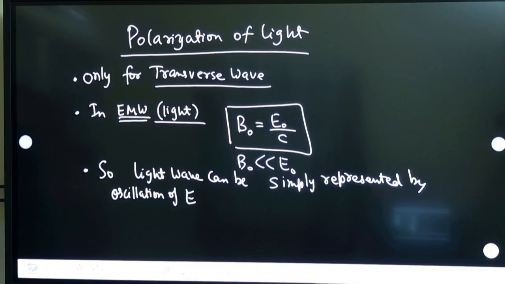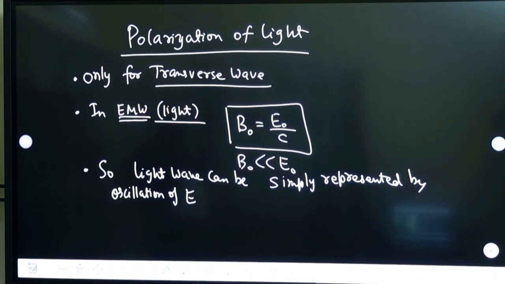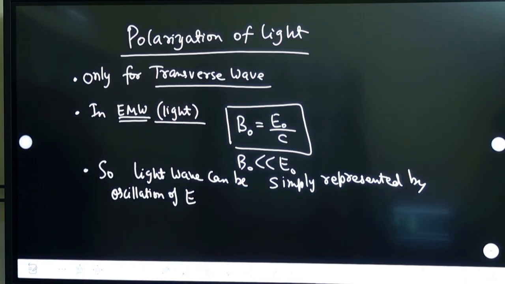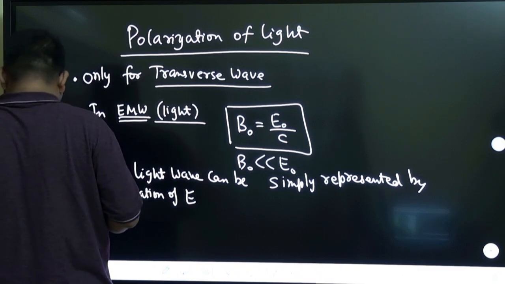Although it is made up of both electric field and magnetic field, because light is an electromagnetic wave which is made up of both electric and magnetic fields oscillating, because the magnetic field is very small compared to the electric field, we can just represent a light wave as oscillation of electric field.